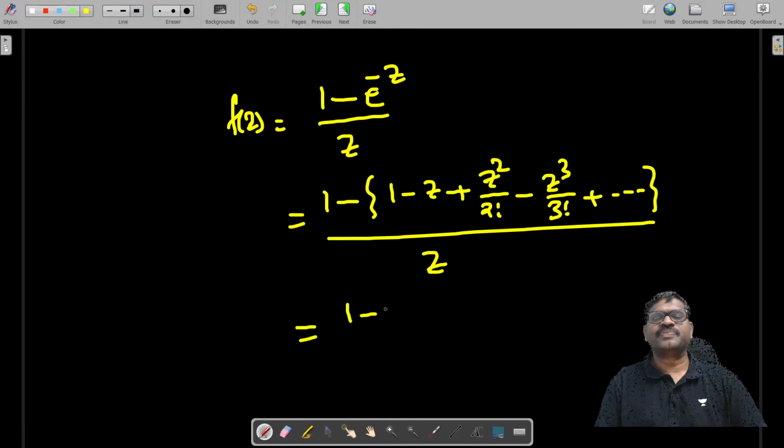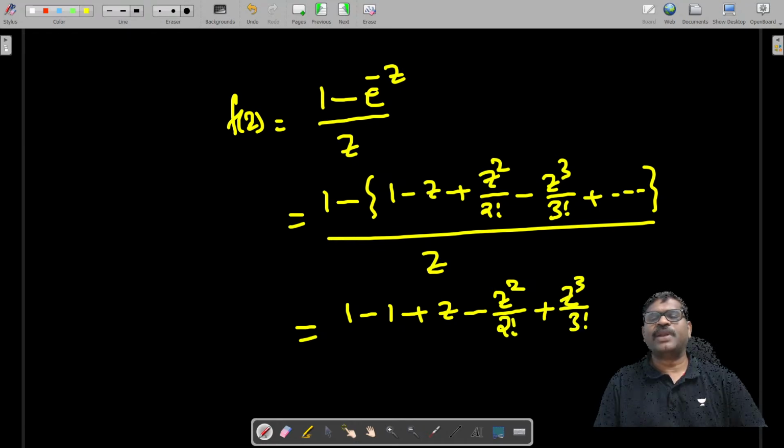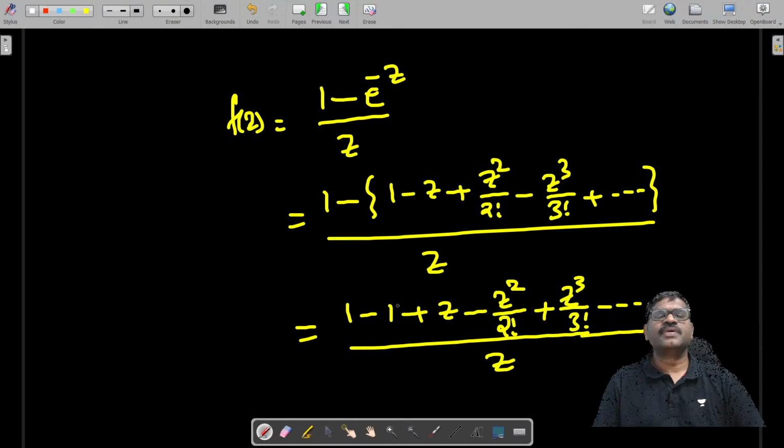That is 1 minus 1 plus z minus z square by 2 factorial plus z cube by 3 factorial and so on, by z. 1 minus 1 cancel. Let us take z common and cancel.